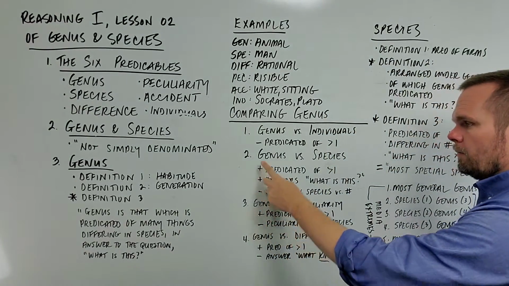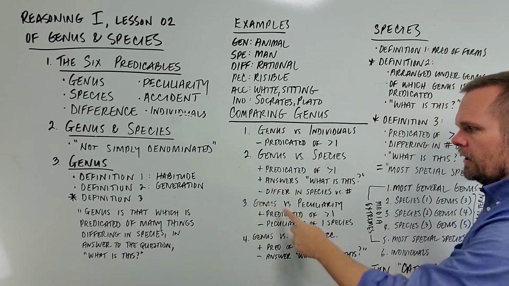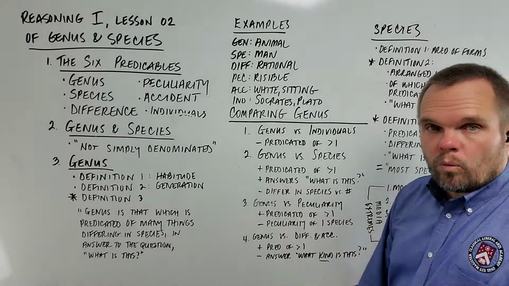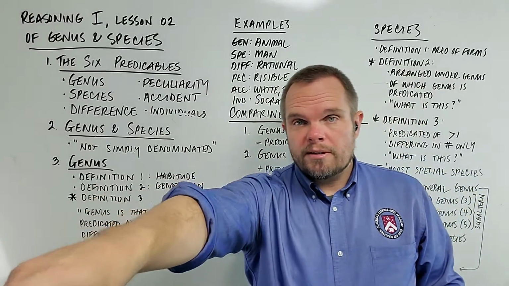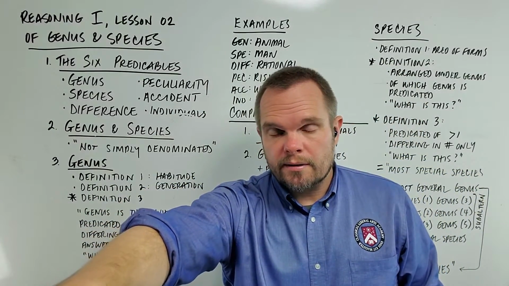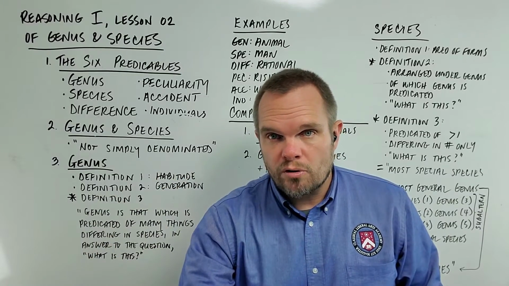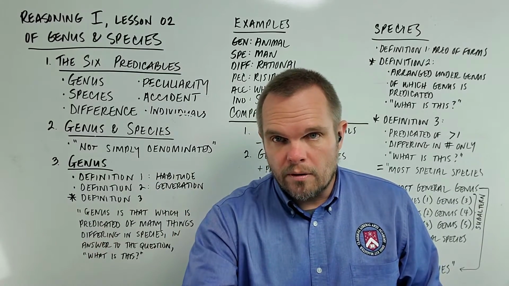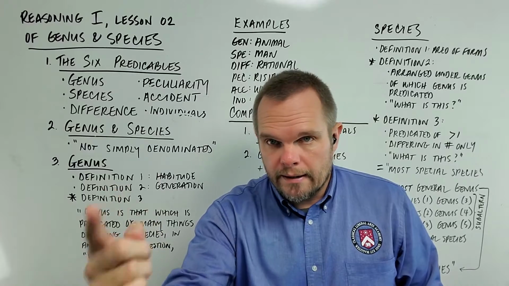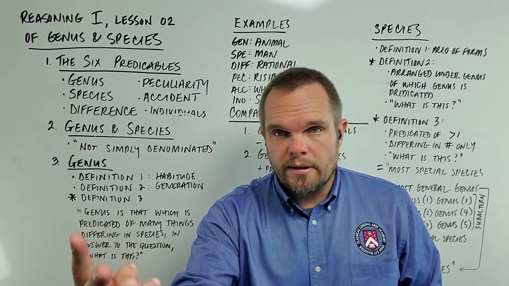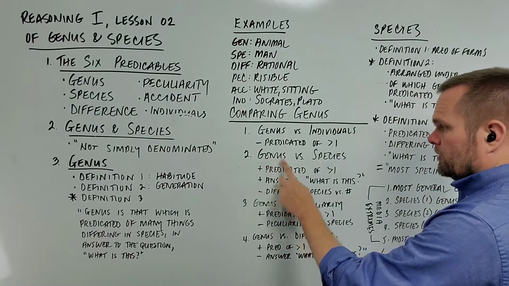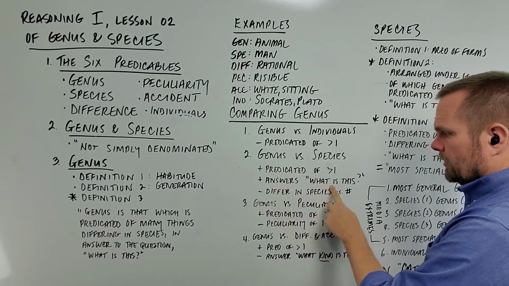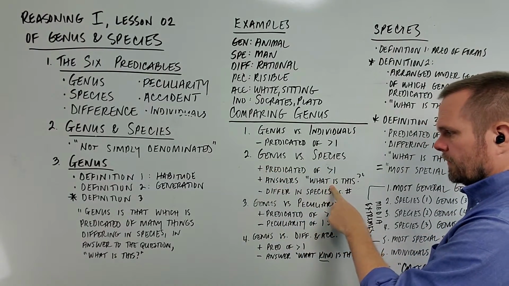Second, both genus and species answer the question, what is this? Remember I said, if you pointed to me and said, what is this? You could say man, that would be true. Or you could say animal, that would also be true. Man is the species, animal is the genus. All right? Both genus and species answer the question, what is this?